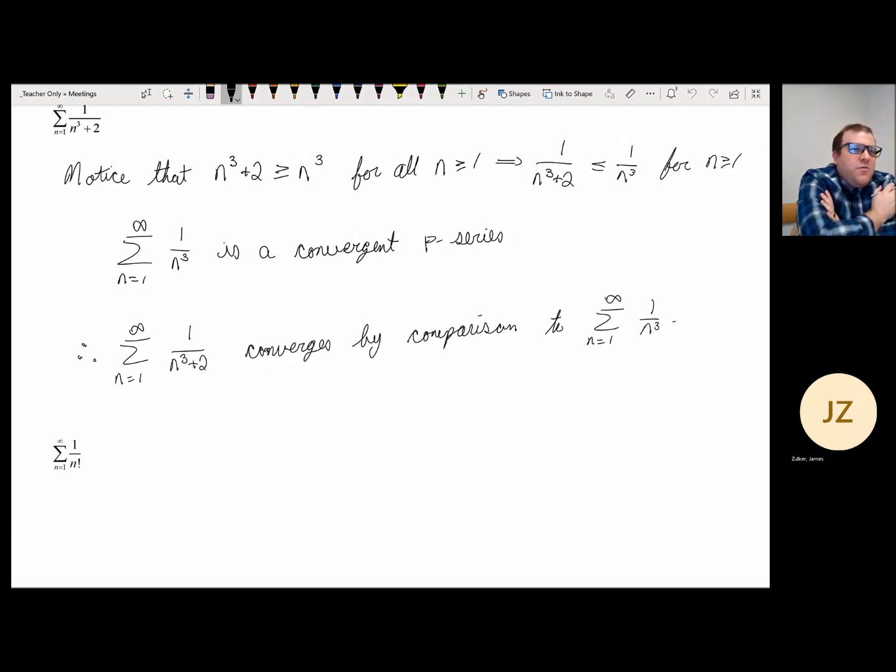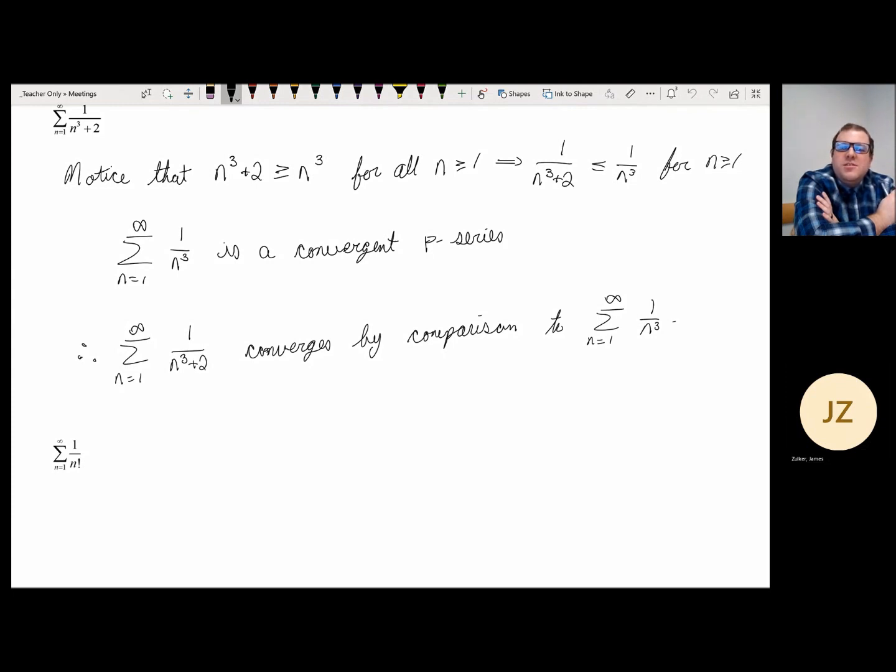Let's look at the series of 1 over n factorial. We must decide, do we think this converges or not?